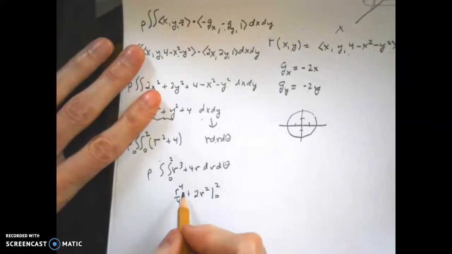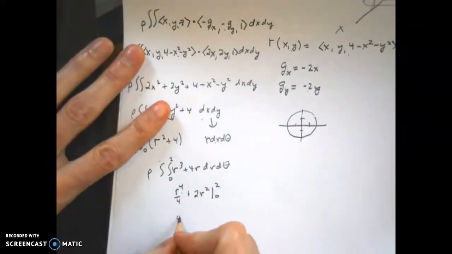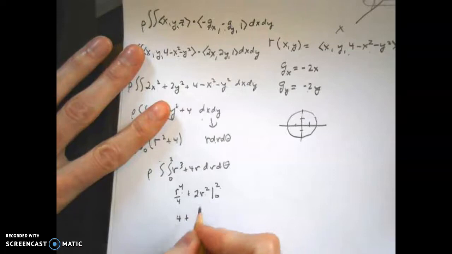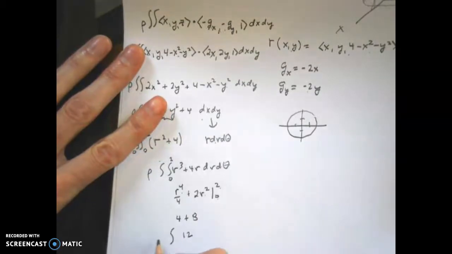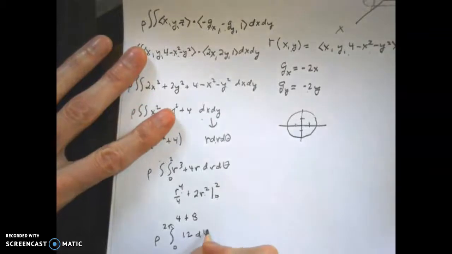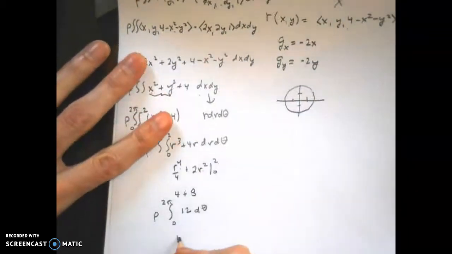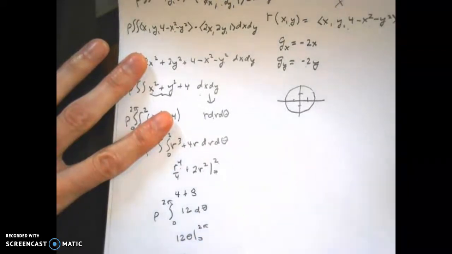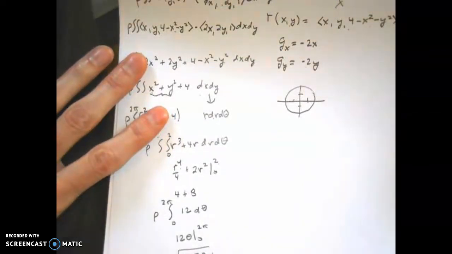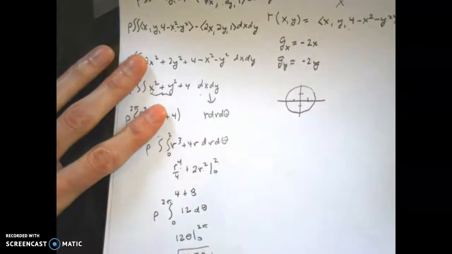We get 16 over 4, which is 4, plus 2 times 4, which is 8, and then minus 0, so we get 12. Now I want the integral from 0 to 2 pi of 12 d theta, which is 12 theta from 0 to 2 pi, so 24 pi times rho. And that should be our answer.